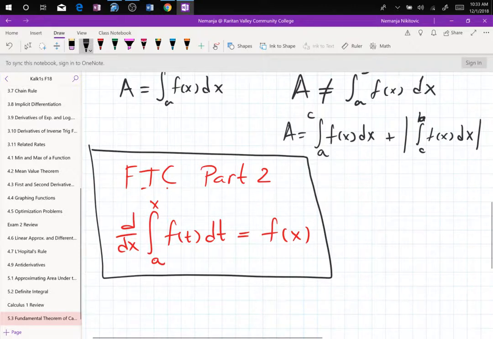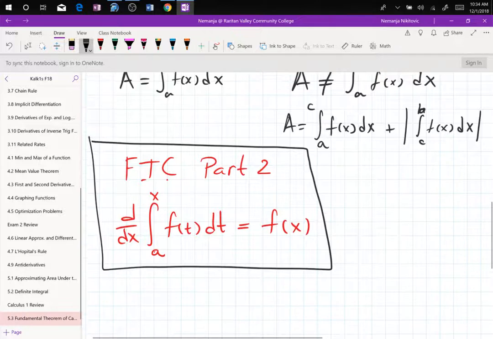So what's so fundamental about this? Well, the fact that these guys technically cancel, and then you just have f is f.